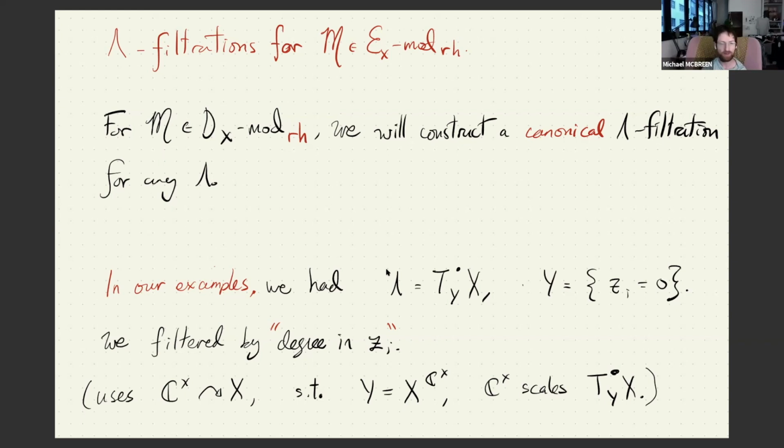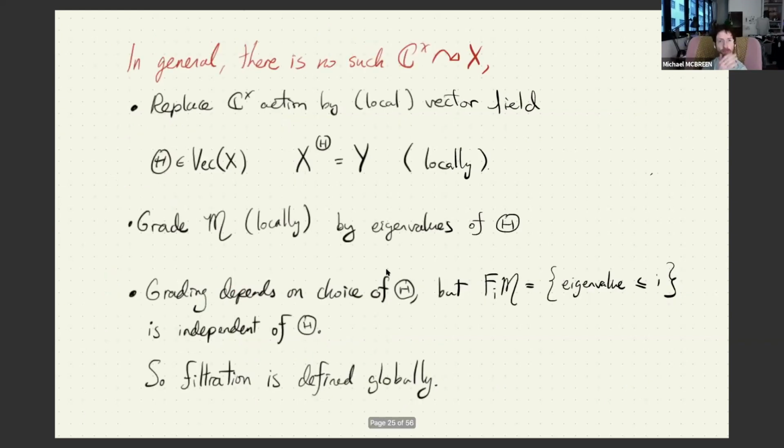Of course, you don't usually have this C star action, but you can cook up something that looks like it locally. So instead of a C star action, we're just going to define a local vector field on X along Y. Doesn't need to be consistent on overlaps. So on each set of an open cover of Y, we pick such a vector field.